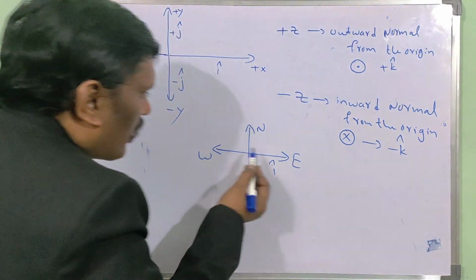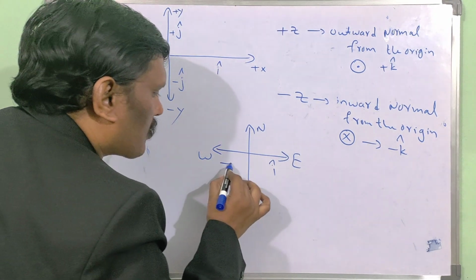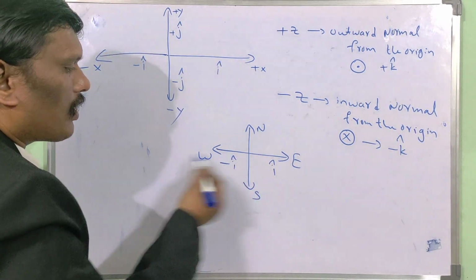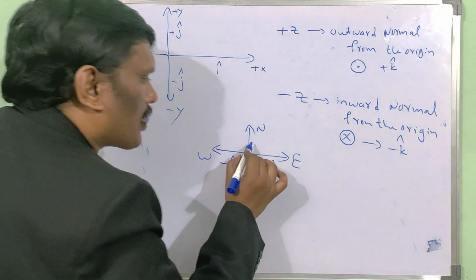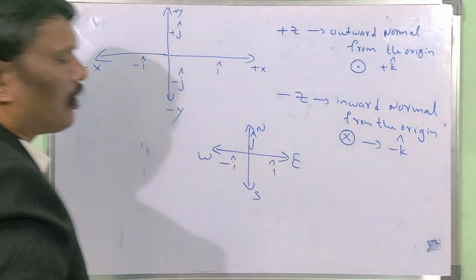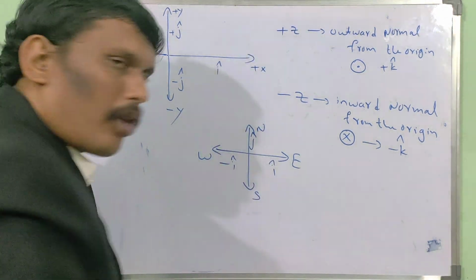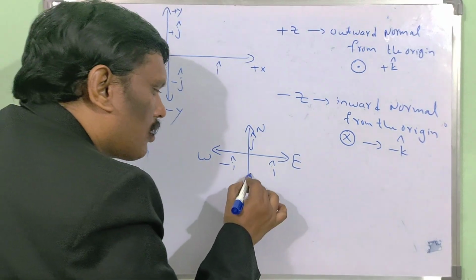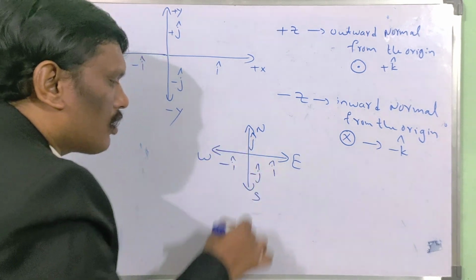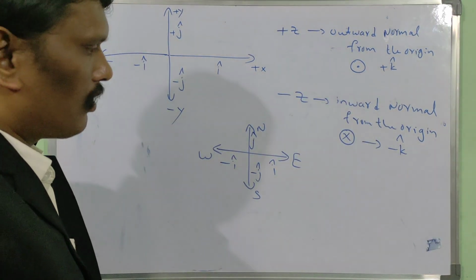Along the west? Minus i cap, because that is along the negative x direction. Along the north? Positive j cap, because that is along the positive y axis. Along the south? Minus j cap, because that is along the negative y direction.